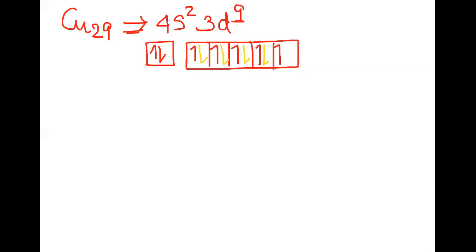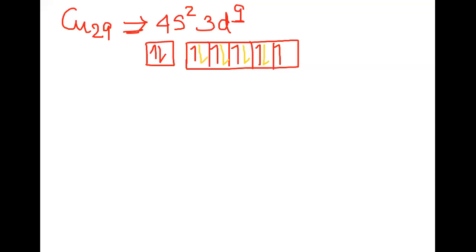So one of the electrons from 4s will jump and pair up with the electron in the d orbital in the anti-clockwise direction. Within the same orbital, one electron is in the clockwise direction, the other will be in the anti-clockwise direction. So these electrons will jump and pair up in such a way that the spins are minimized. The spins are in the opposite direction.